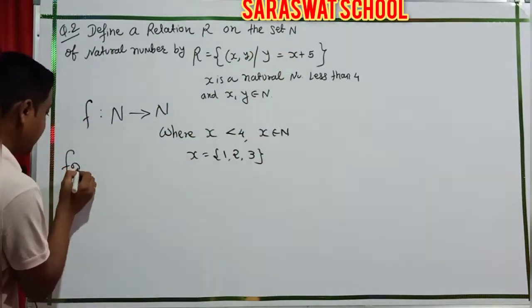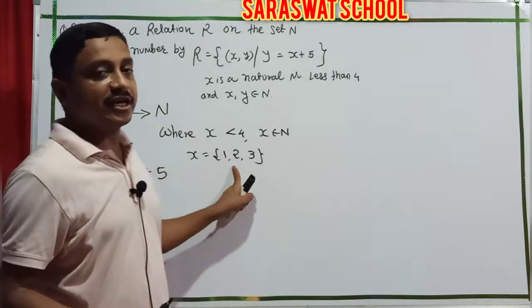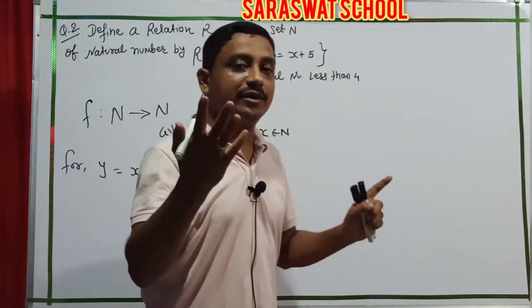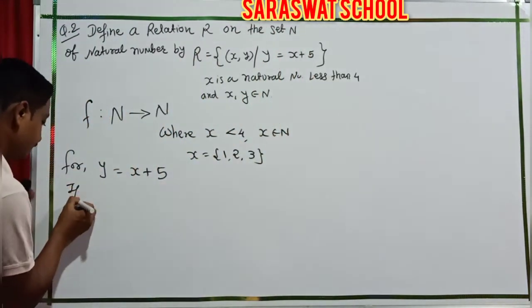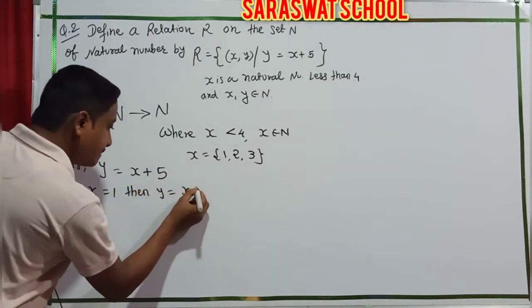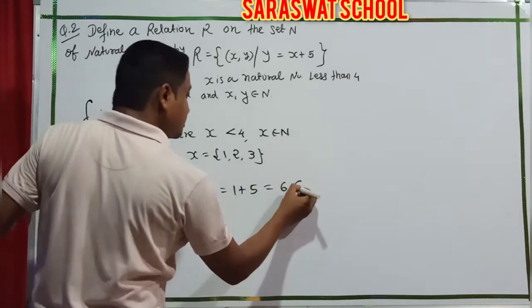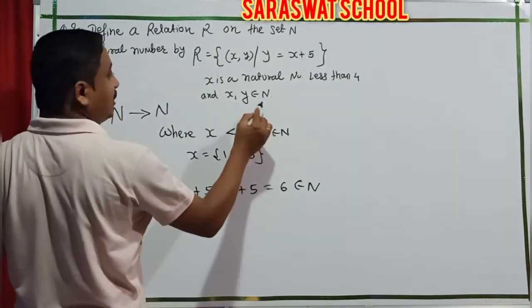Now I start. For y, it is x plus 5. Students, I take x as 1, 2, 3 respectively. If x is equal to 1, what is y? Yes, it is 6. But check that this answer is present in your codomain.